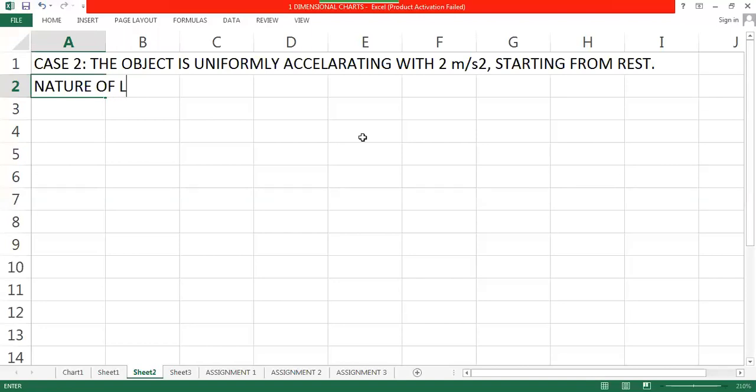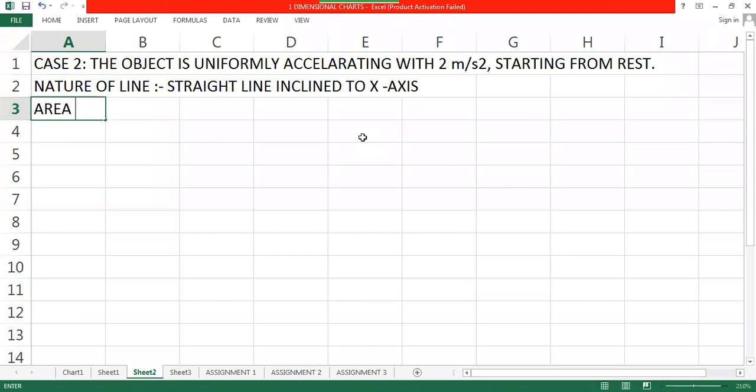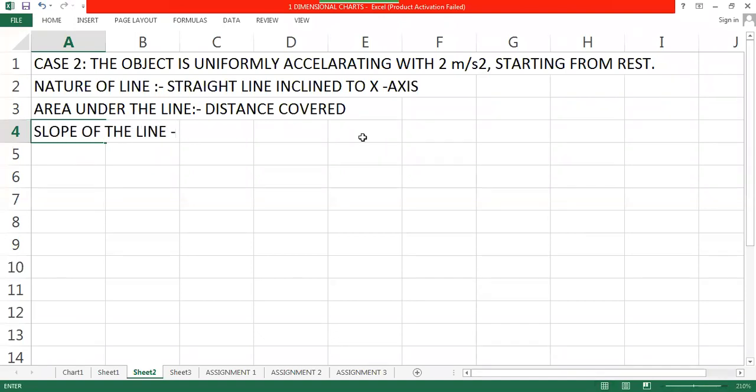The nature of the line is a straight line inclined to the x-axis. Then the area under the line represents distance covered. And the slope of the line is 2.